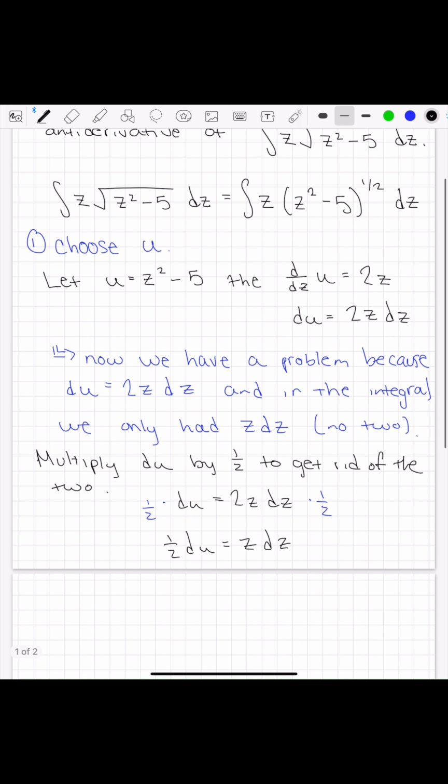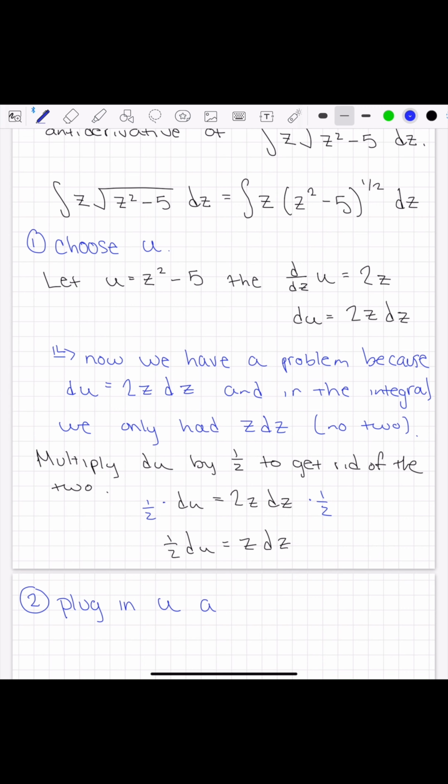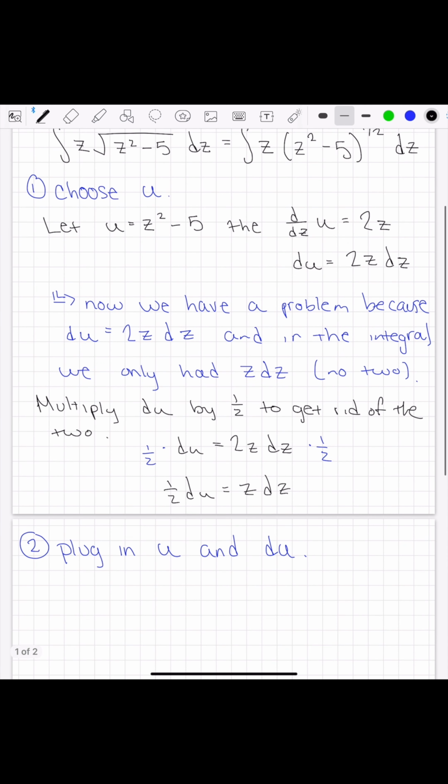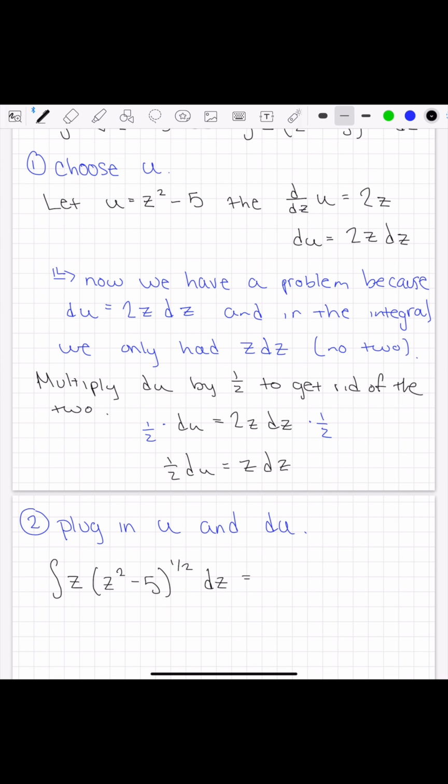Okay, so let's bring down where we were. The second step now is to plug in u and du. This is the integral that we're working on, and we can rewrite it.